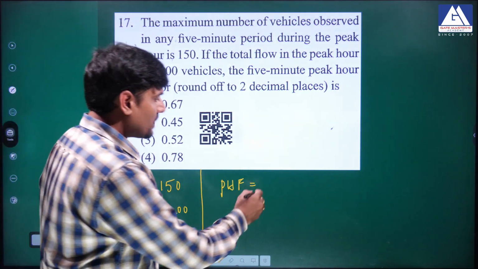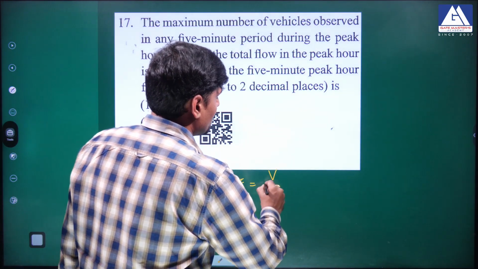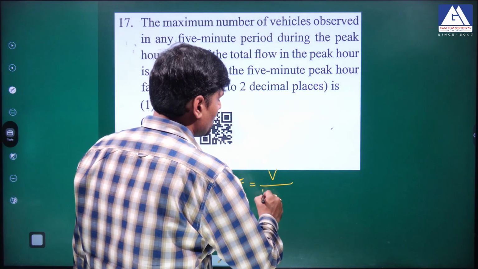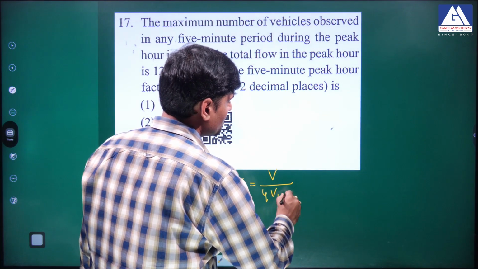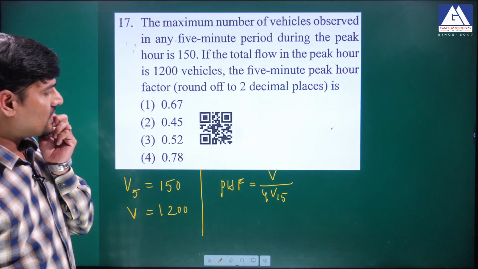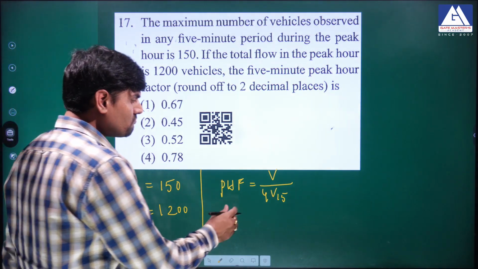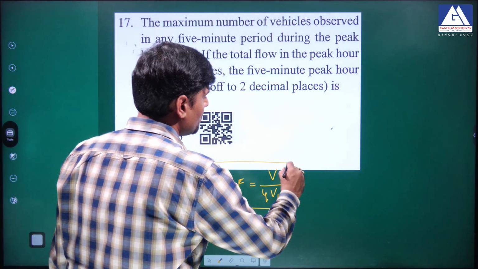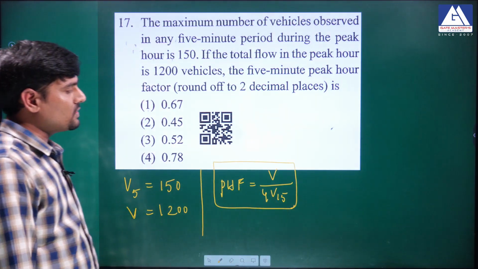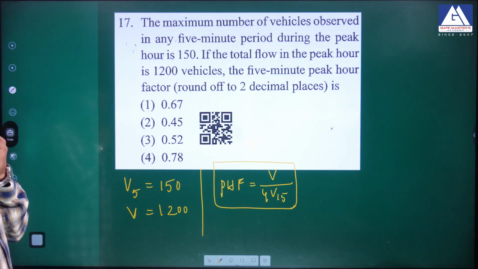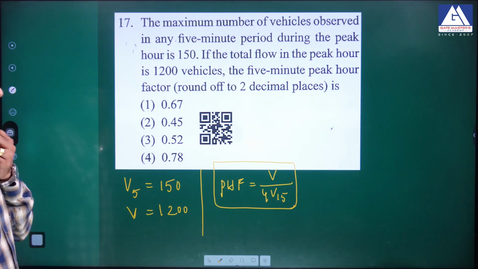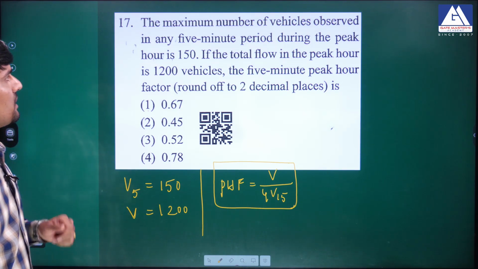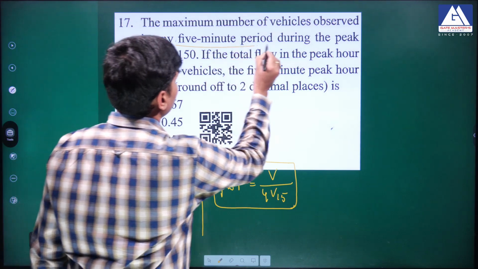That can be defined as the ratio of the total traffic divided by the 15-minute interval traffic. Usually we study this formula when we discuss the synopsis of this traffic engineering subject. But trickily, this question has been modified: rather than giving the 15-minute period, here he has given a 5-minute period.